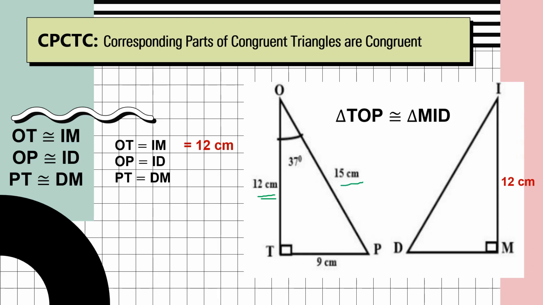Given din siya, 15 centimeters. So we know that line segment ID is also 15 centimeters. And the last one, line segment PT, we have 9 centimeters. So therefore, line segment DM is also 9 centimeters. Ayan, ganun lamang po. So tapat-tapat lamang siya.